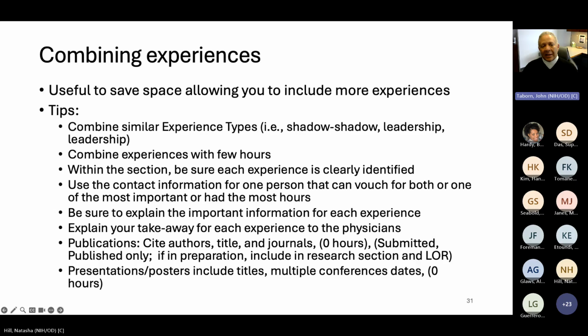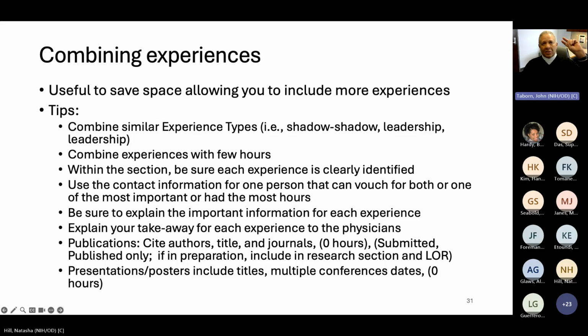One thing we say is combining can be useful to save space, allowing you to include more experiences under one of your 15 experience types. But here are a couple of tips. If you want to combine experiences, think about combining similar experience types.